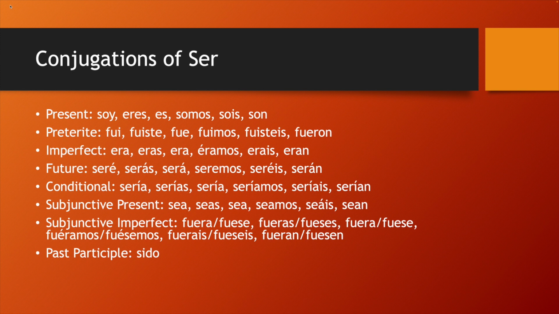Then we have the ellos and ustedes, the third person plural form, or second person formal. Or if you're in Latin America, it's just second person plural in general. So we have soy, eres, es, somos, sois, son. For the preterite, we have fui, fuiste, fue, fuimos, fuisteis, fueron. And the past participle is sido.